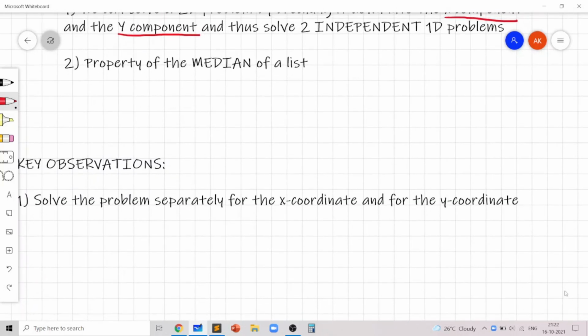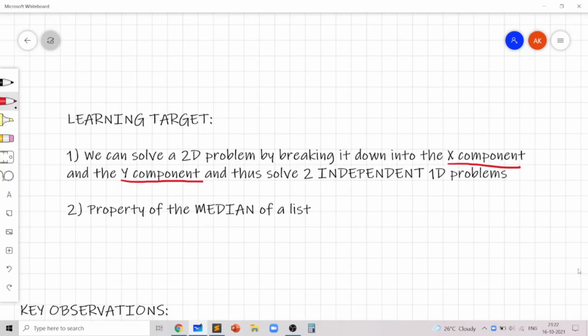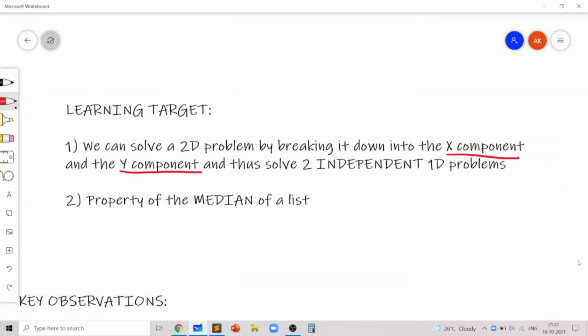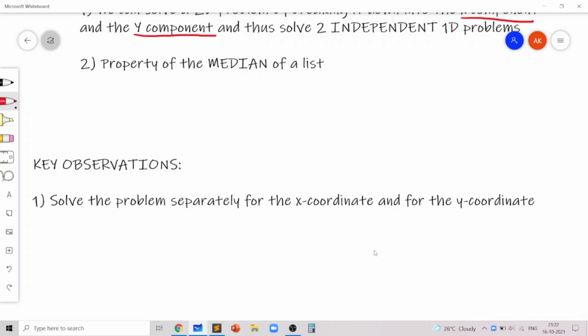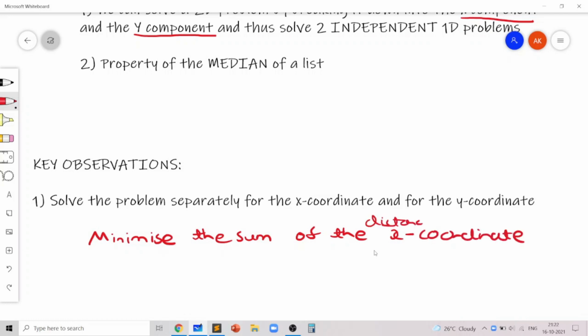The other key idea is to think about how we can minimize the sum. What we essentially need to do is minimize the sum of the distances of the x coordinate from the other n x coordinates.